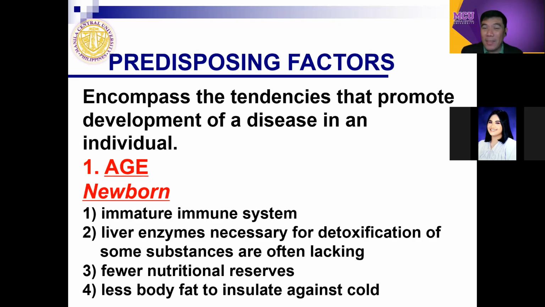Correct. Vitamin D. At alam niyo po ba, ang vitamin D ay essential for the secretions of liver enzymes. Kaya, if ever po na you will not subject the newborn to sunlight, yung natural source, sometimes pag nag-yellowish discoloration ang newborn, you may suspect that there's a problem with bilirubin.